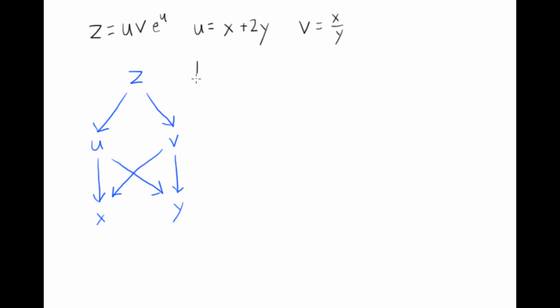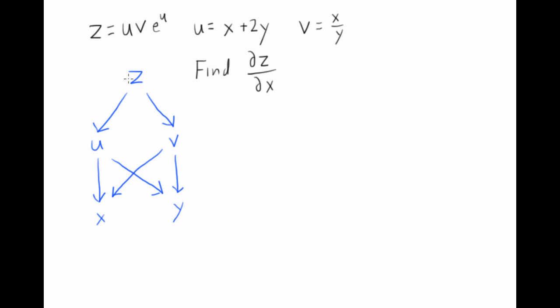So let's say we want to find a partial derivative. Let's say we want to find del z del u. Oops, wrong variable. X. Del z del u would be easy. Del z del x is more difficult. So that means I want to make trips from z down to x. How can I get from z down to x?